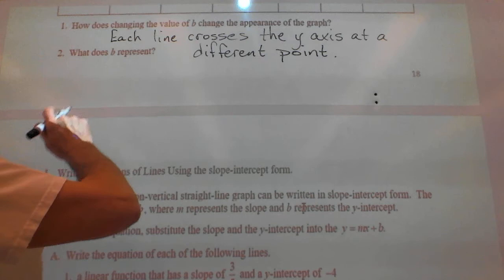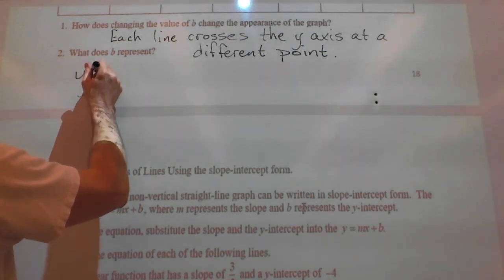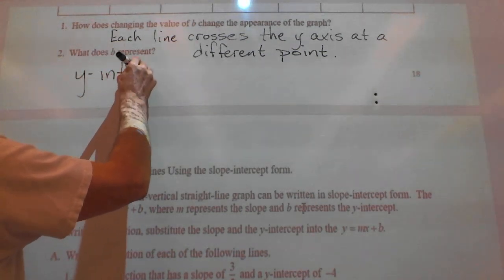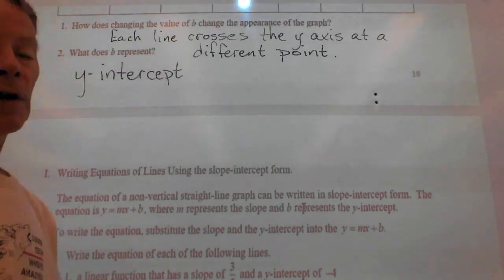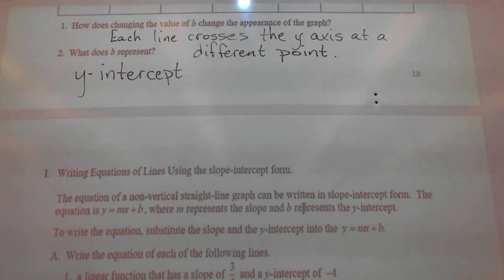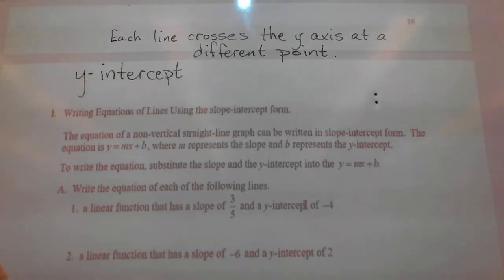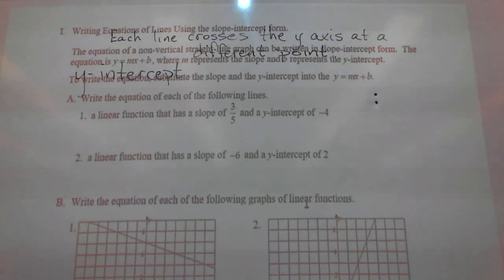What does b represent? As we said before, the y-intercept. Okay? So, let's do a little bit more work with these that's a little more algebraic.